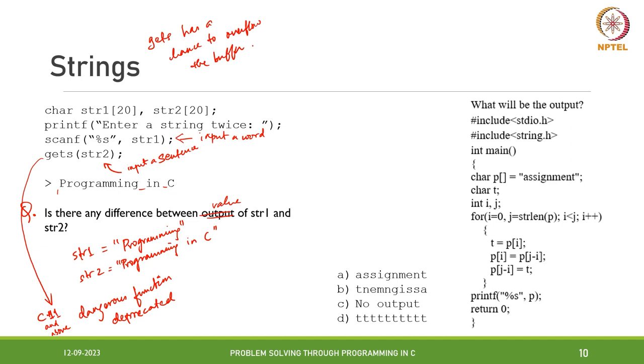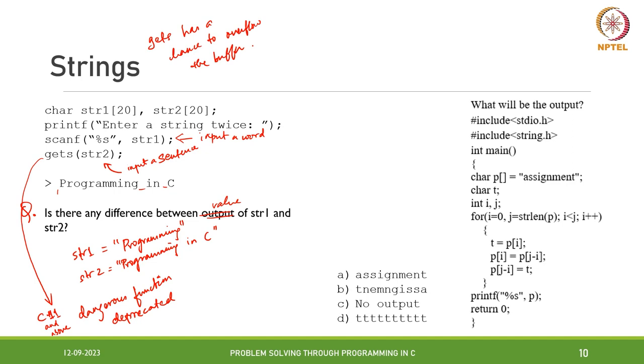Say I have a string input which can take up to 20 characters, but the person has entered hundreds of characters as the input. There is a chance that it will overflow the input stream buffer. That is why gets is always called a dangerous function.